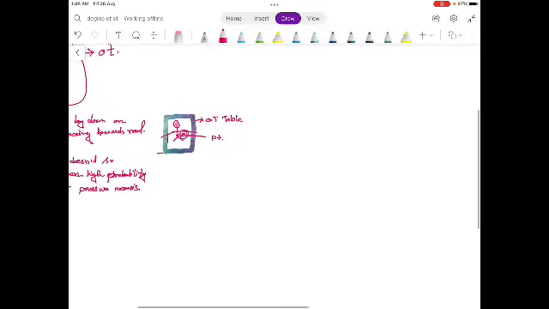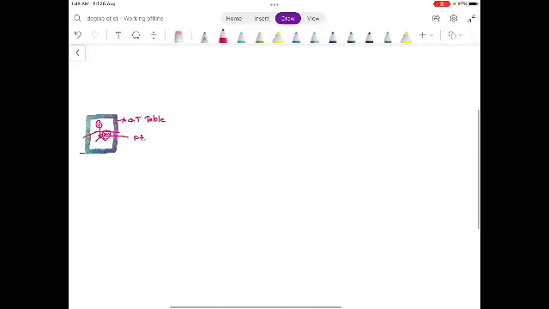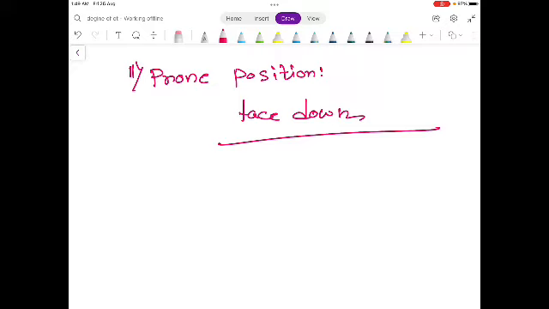So after that, we would like to go to the prone position. This is the reverse of supine position, that is called prone position. Here the face would be down, and next the body and hand angle would be the same, 70 degree.